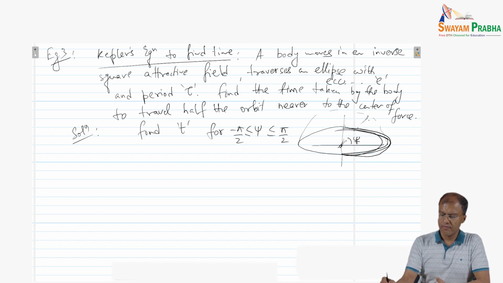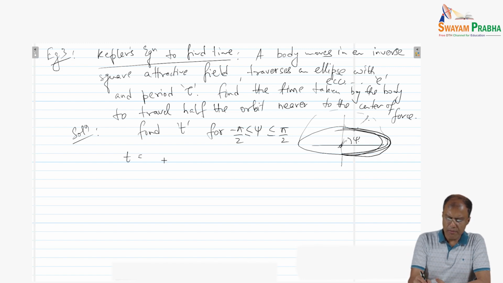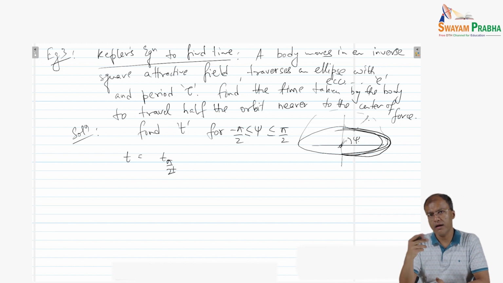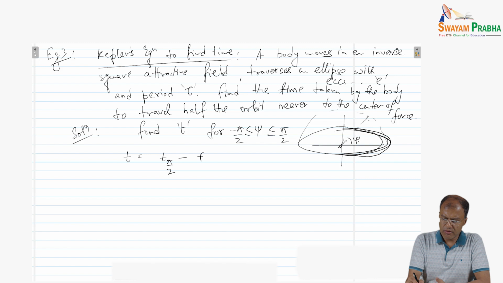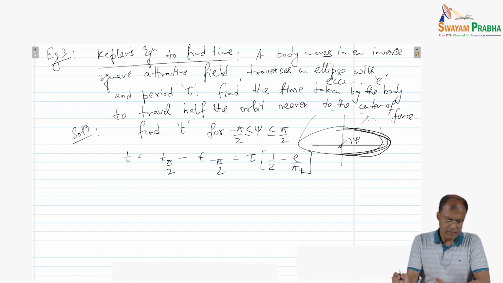So psi. Okay, so we are going to find this time. So time t is t of pi by 2 plugged in our t equation, minus t of minus pi by 2, and this is going to be tau by 2, 1 by 2 minus e by pi, right?